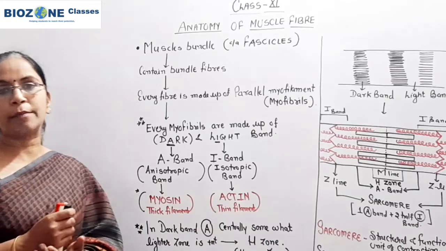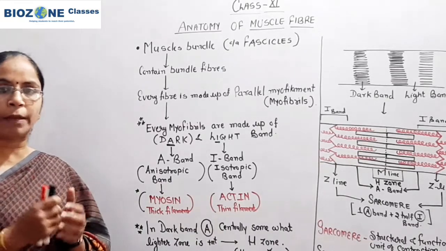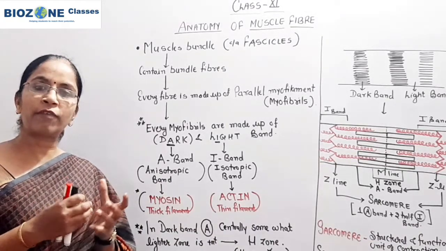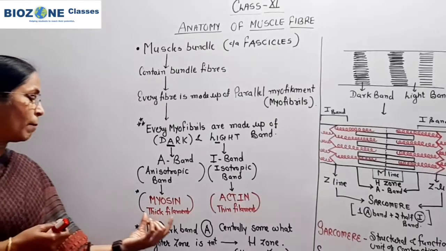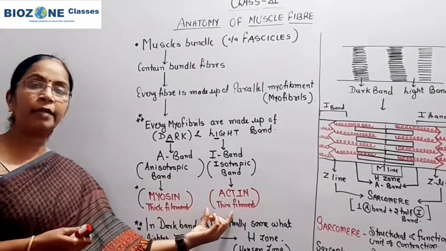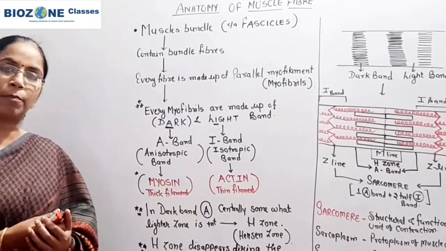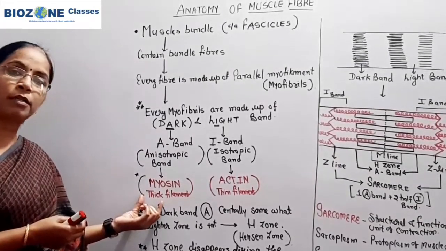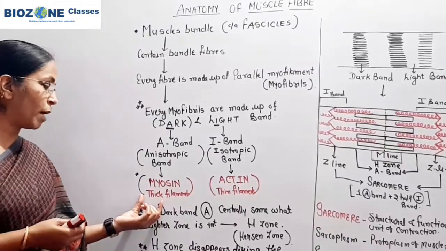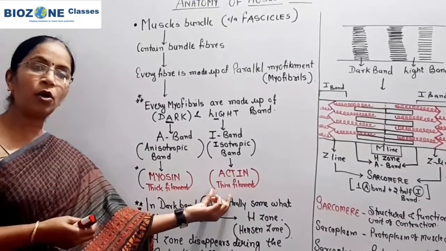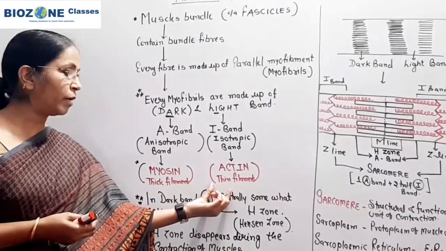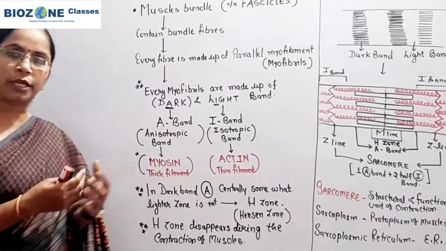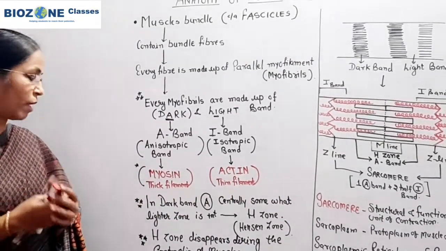Thick filaments are made up of myosin, keep this in mind very well. The thick filaments are made up of myosin protein, and the thin filaments are made up of actin protein. So the dark bands are made up of myosin, and the I or light bands are made up of actin protein, which forms a thin filament.